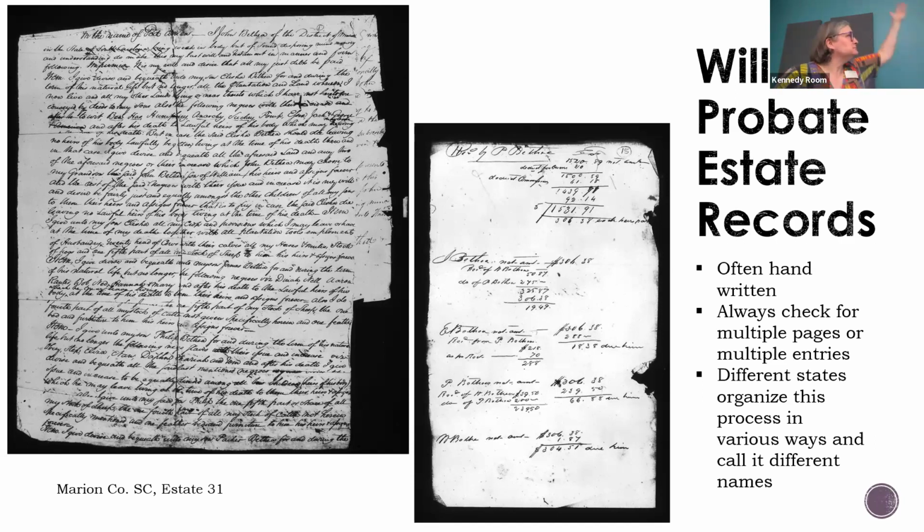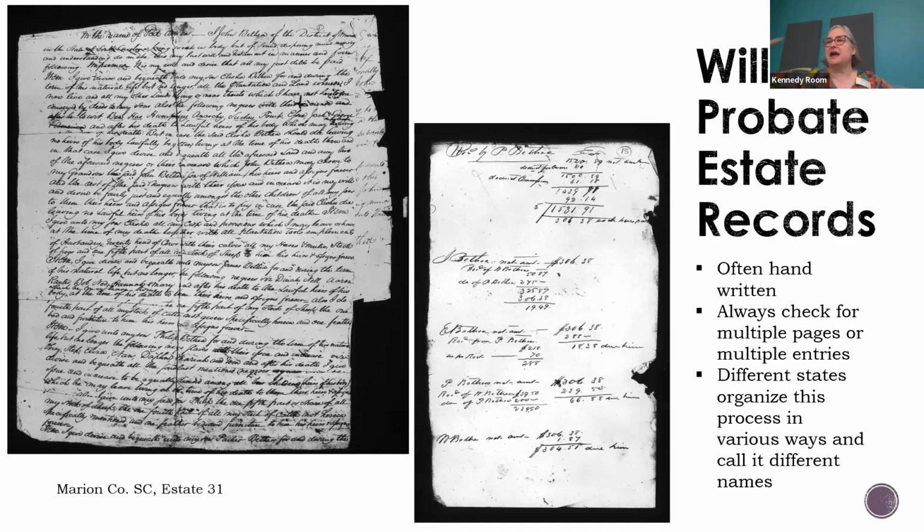But these are largely oversized handwritten items. This is the Marion County, South Carolina estate packet number 31. I have ancestors whose records, unfortunately, were in the Georgetown records that got burned in the Civil War, and so I may never break down a couple of the brick walls that I've got. You may find information like what is on that central page, which is amounts paid out to the administrators and some of the beneficiaries and debtors of this estate.